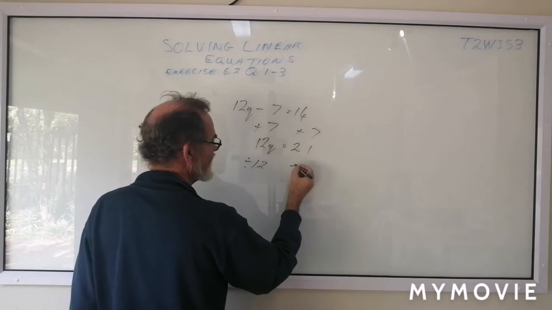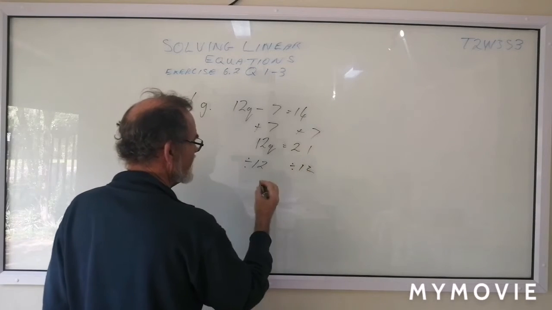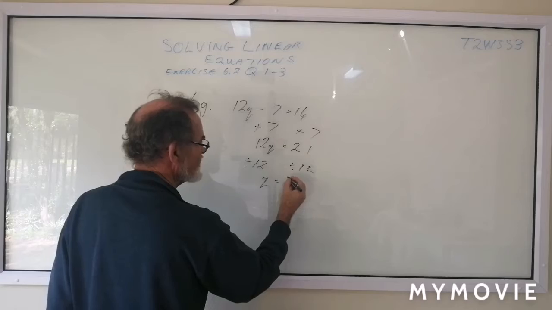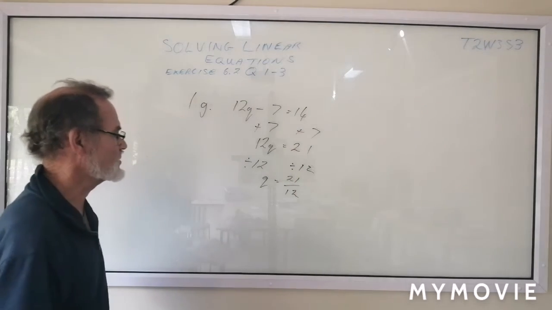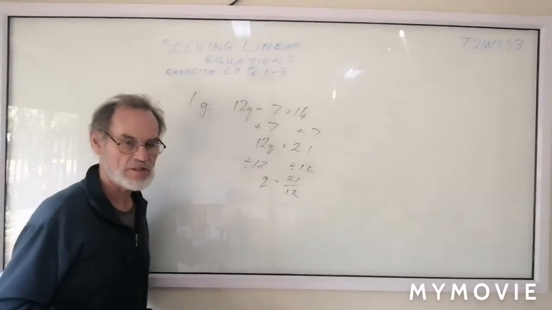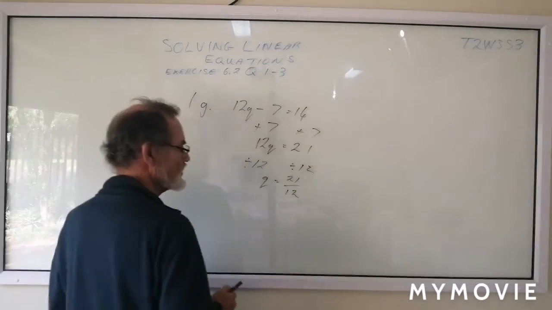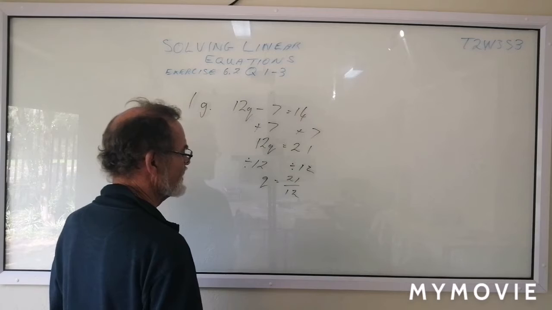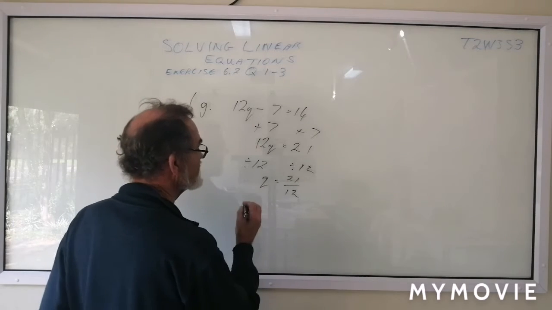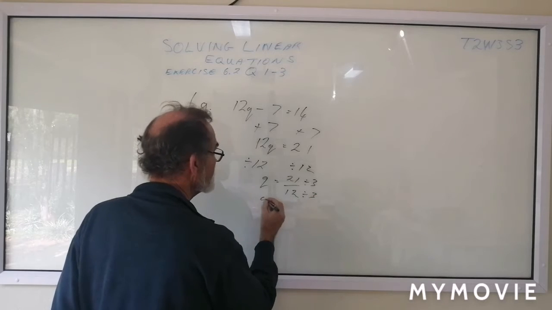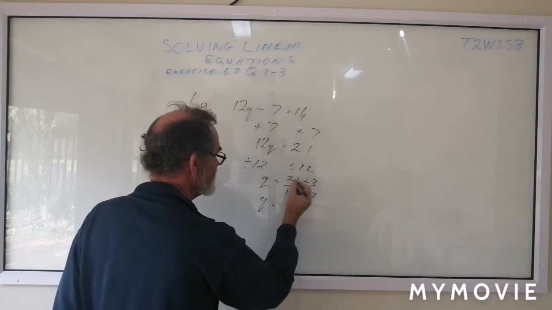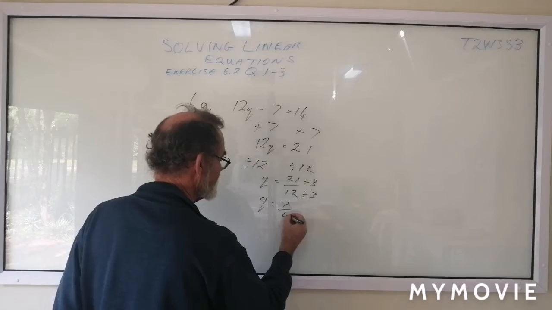And this divided by 12. Then we're left with q equal to 21 over 12. This is an improper fraction, which is fine, but it's not in its lowest terms. We can divide the top and the bottom by 3 to get it into its lowest terms. So we divide by 3, and then q is equal to 7 over 4.